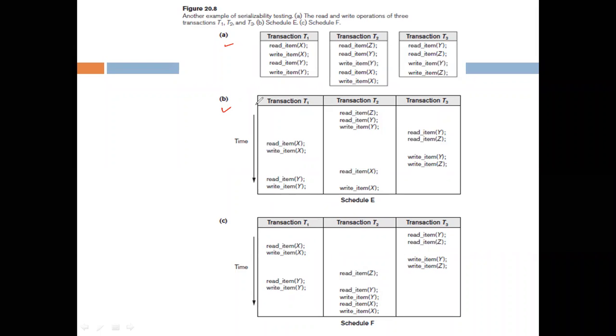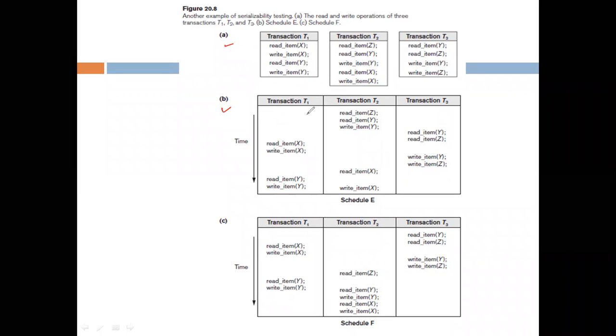The only difference between A and B is that they are just interleaved. Apart from that, both are the same. So we can consider any one and draw the graph.